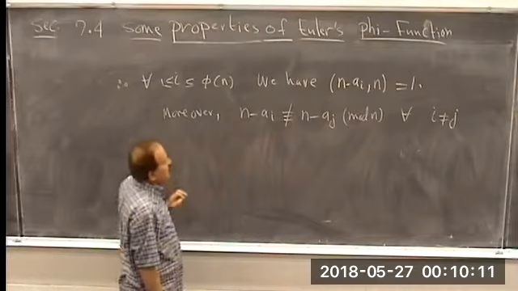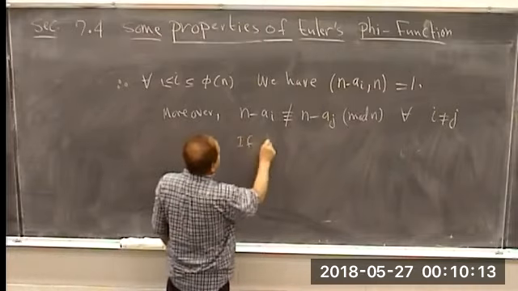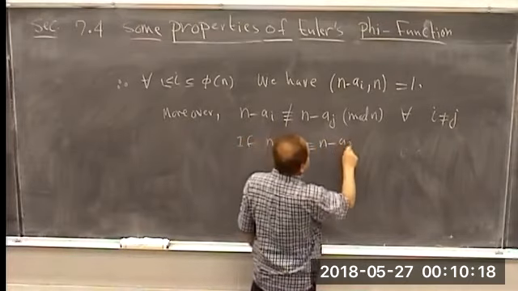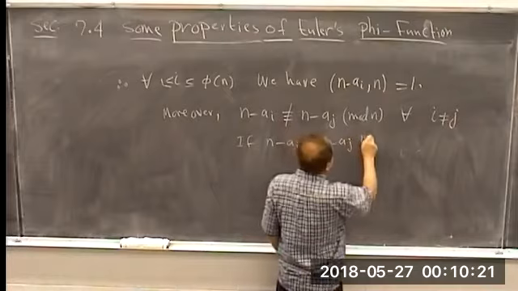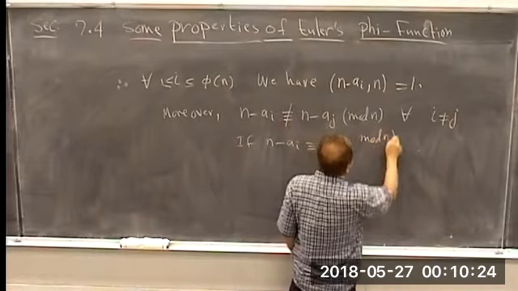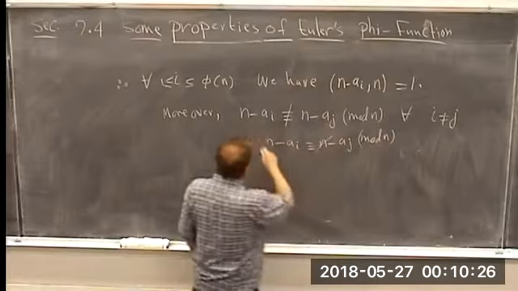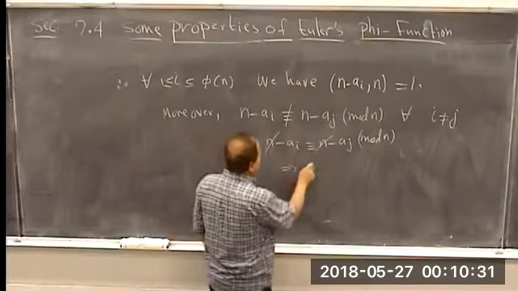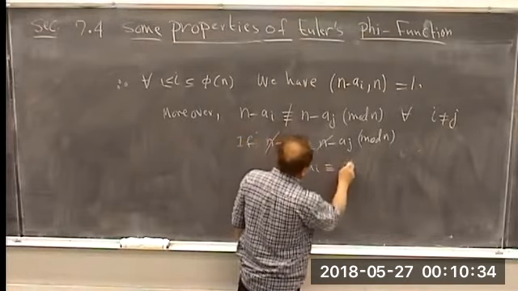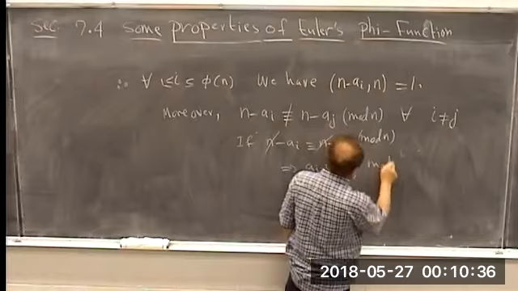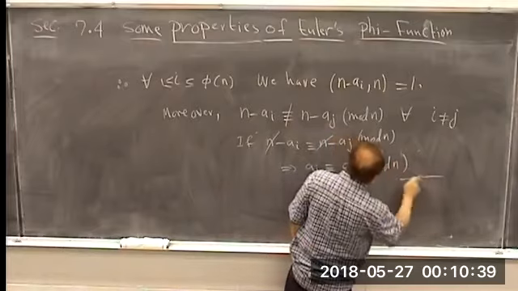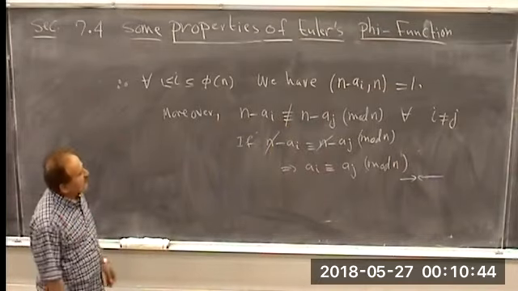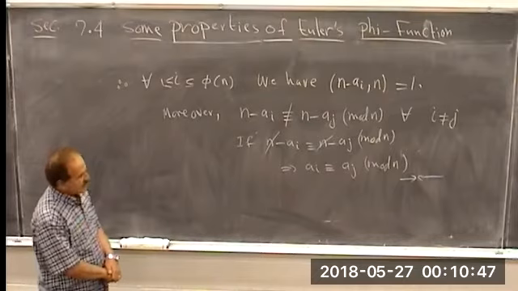Of course, because if n minus a sub i is congruent to n minus a sub j mod n, then we can cancel the n's, and we can multiply by a negative, and then we come up with a sub i is congruent to a sub j mod n. And this is a contradiction because a sub i and a sub j belong to the same reduced residue system.